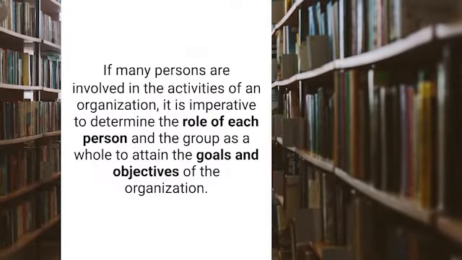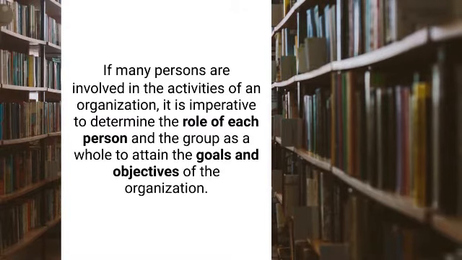It is very important, because unless you understand the activities, you cannot divide them and you cannot subdivide them. If many persons are involved in the activities of an organization, it is imperative to determine the role of each person and the group as a whole to attain the goals and objectives of the organization.